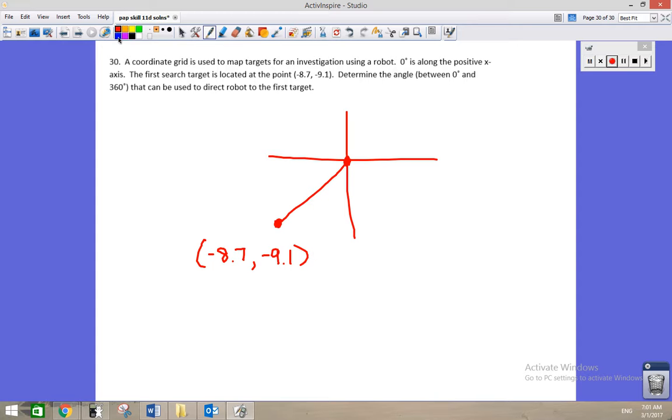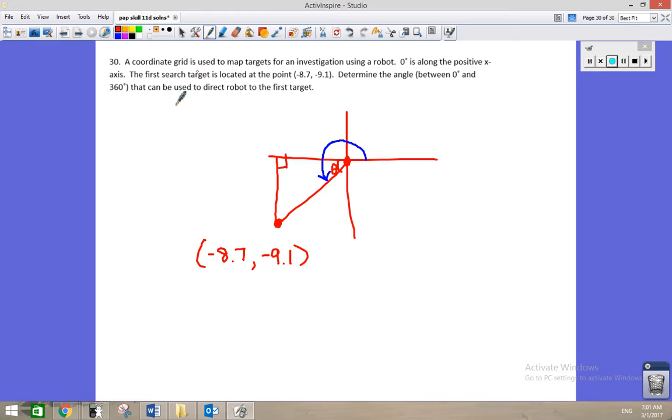So the angle that I want is this angle. But I'm going to use this reference triangle to first find this angle, and then I'll add 180 to it.